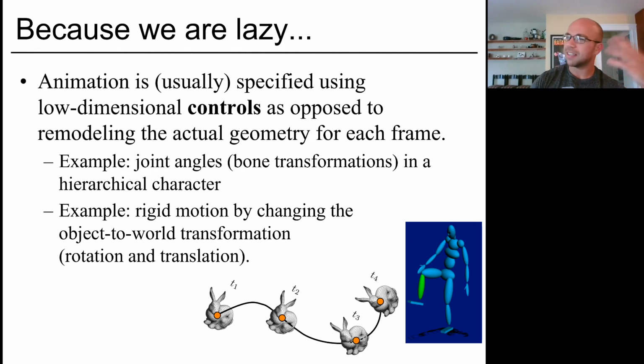Or the really common one has to do with articulated characters. The phrase articulation here refers to being full of bones. So for example, with human characters, like what we see on the bottom right, rather than just making a 3D model of their outer surface, a very typical thing to do is to also specify how that 3D model changes in response to different high-level parameters, right?